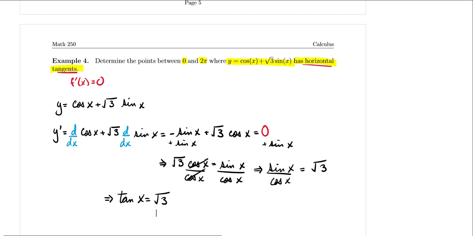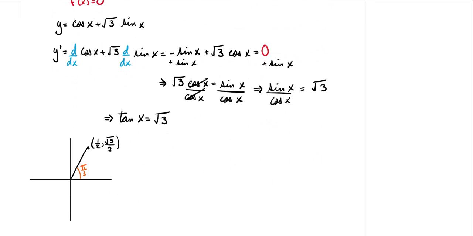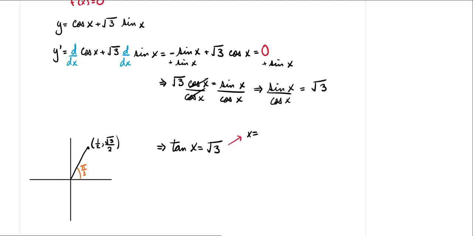I'm just going to make a quick little sketch here. It turns out that the angle whose tangent is the square root of 3 is pi over 3. So our solution here is x equals pi over 3.